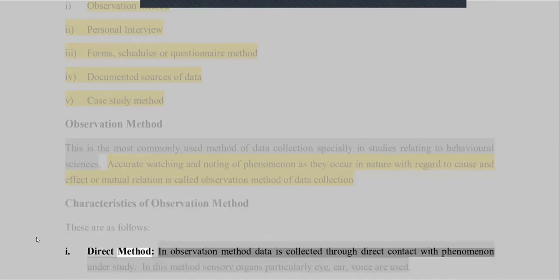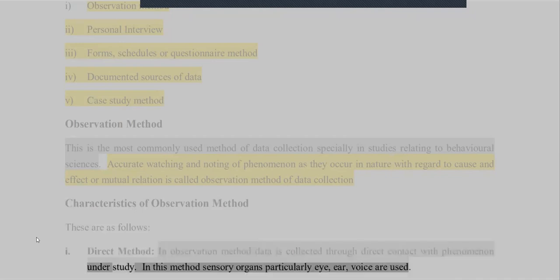Characteristics of observation method, these are as follows. 1. Direct method. In observation method, data is collected through direct contact with phenomenon under study. In this method, sensory organs, particularly eye, ear, voice, are used. 2. Requires in-depth study. In this method, the observer goes to the field and makes the study of the phenomenon in an in-depth fashion to acquire data. 3.